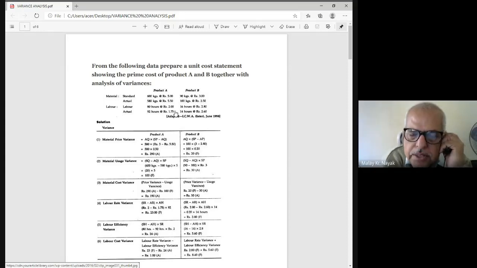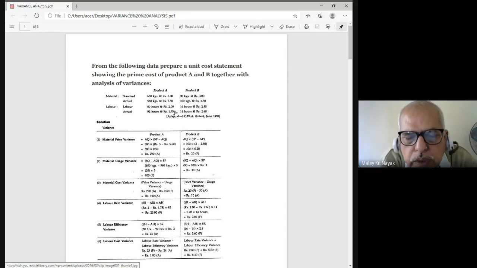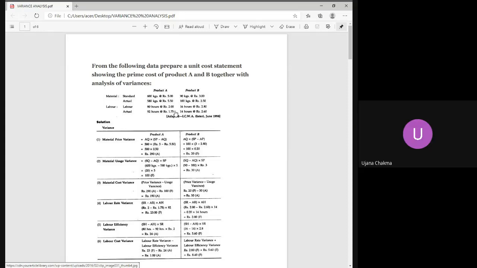You write down SR into within bracket AH minus SH. What is SR here? 2. 2 into AH.